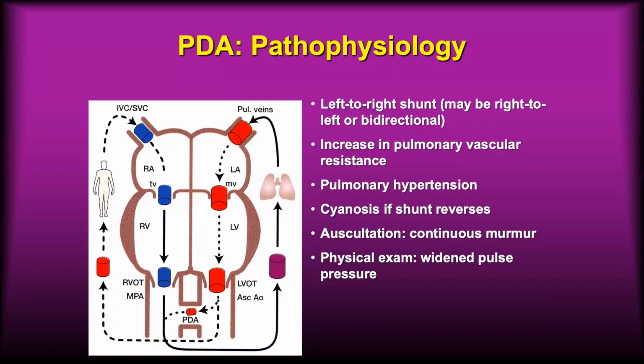If the shunt's reversing, you get cyanosis. Now you've got deoxygenated blood mixing in with the oxygenated blood. All right, so here's a question they like to ask on registry exams. We get a continuous murmur. I know we saw it with the ruptured sinus of Valsalva aneurysm.